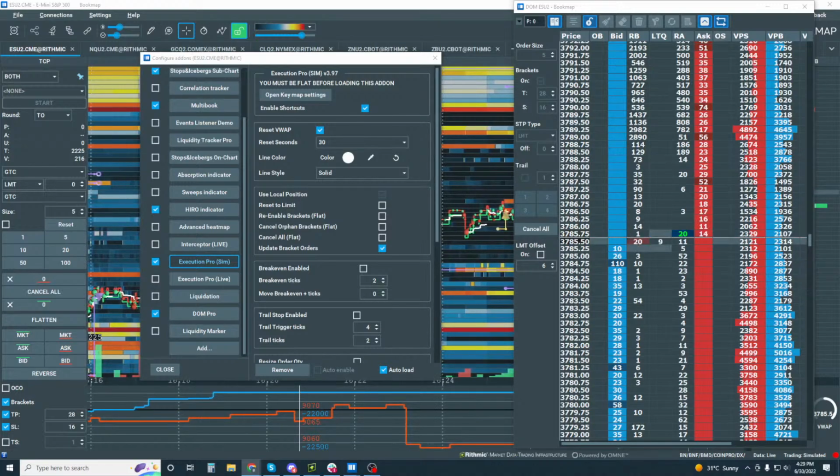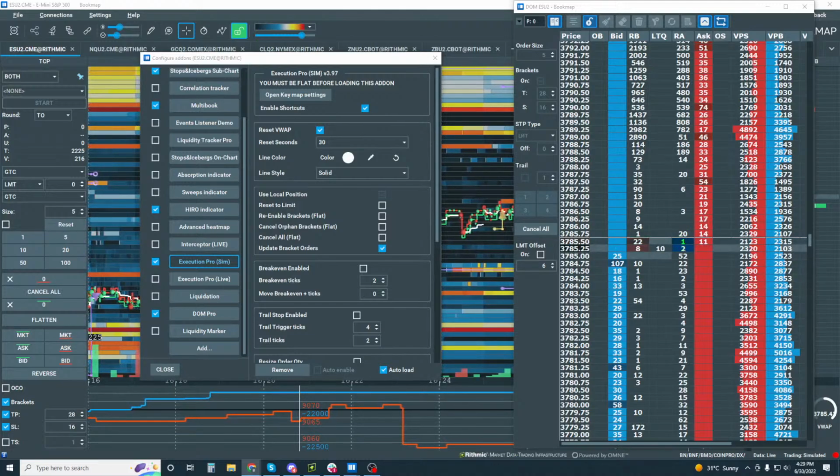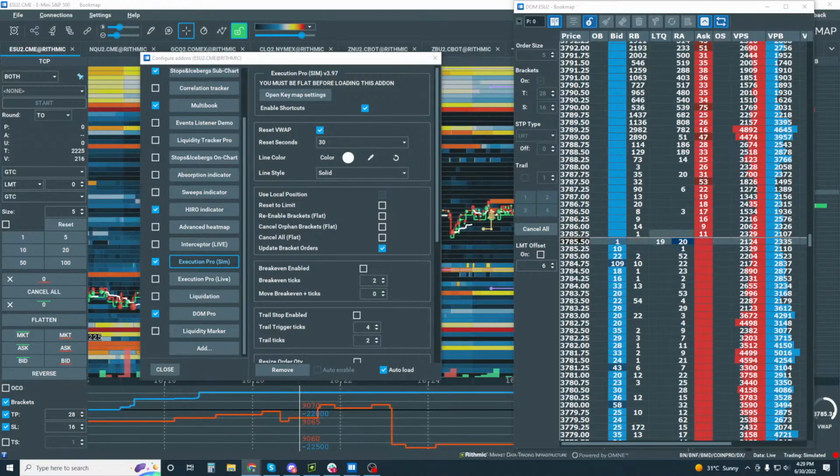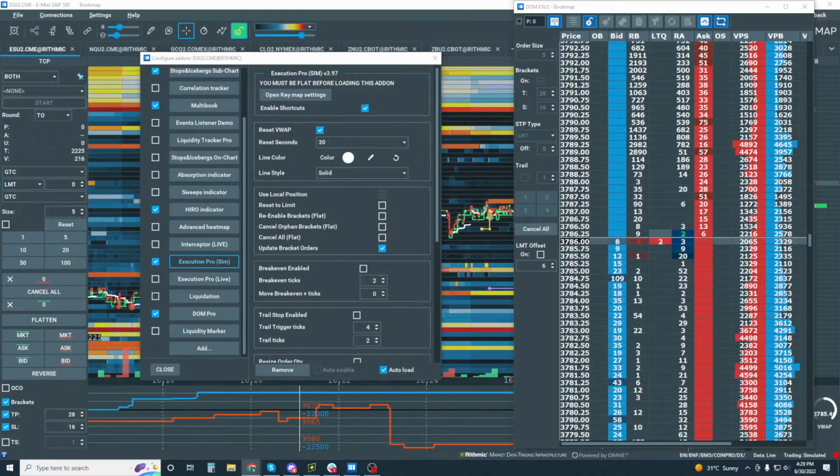Ian, multiple brackets. Luis, we covered that. The functionality will be in the future. Highlight bracketed orders, we already talked about that.